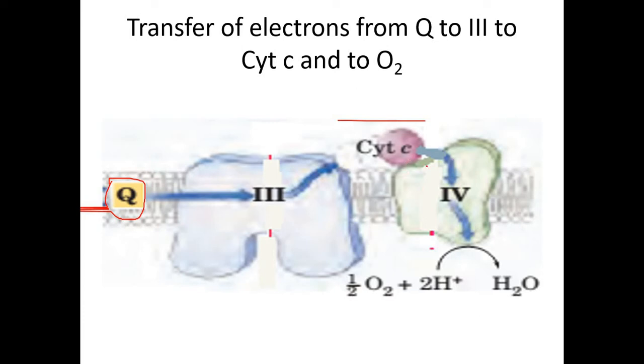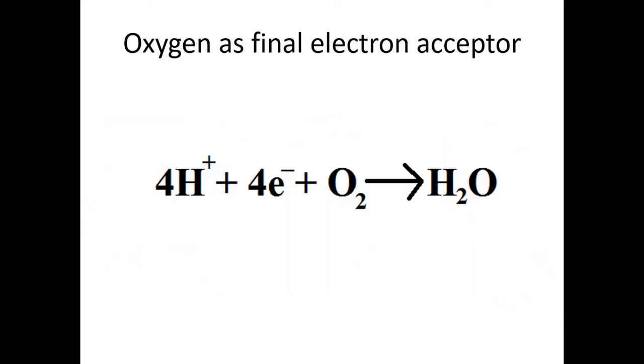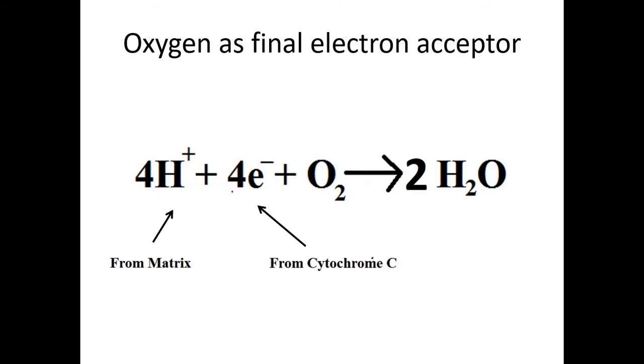And then we have the fourth complex, called complex 4. Complex 4 transfers the electrons from cytochrome C to oxygen, and the oxygen gets reduced to make water. This is what we call metabolic water. Okay, so this is the reaction as a whole. Now these 4 electrons are transferred to the oxygen.